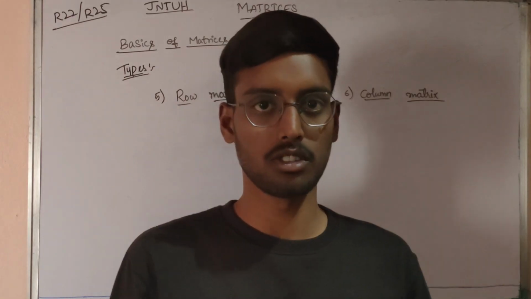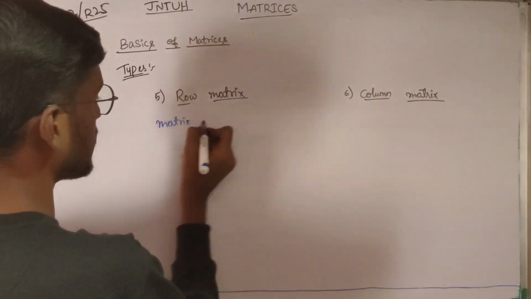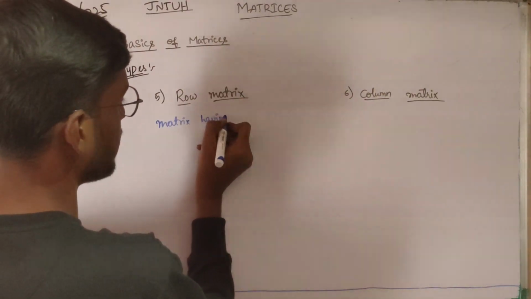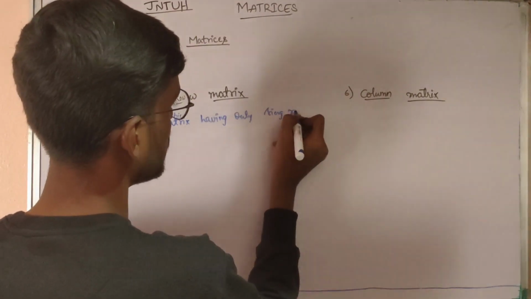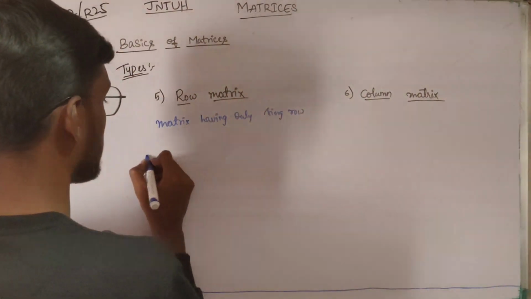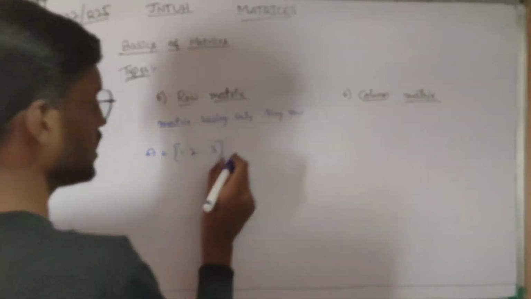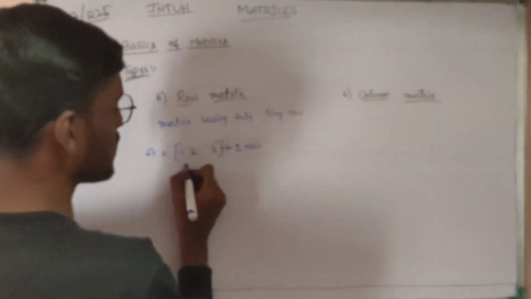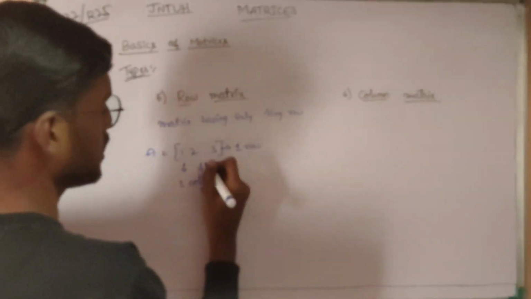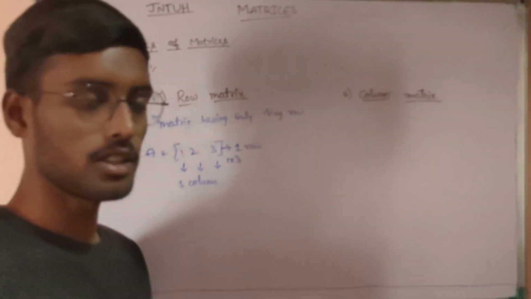A row is our horizontal line. For example, A is 1, 2, 3. This is our row matrix. It has only one row and 3 columns, so 1 by 3 is its order. A row matrix is a matrix having only a single row.